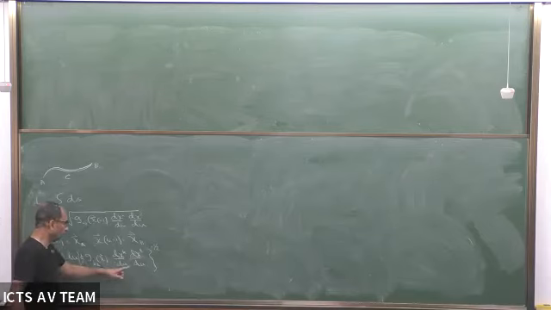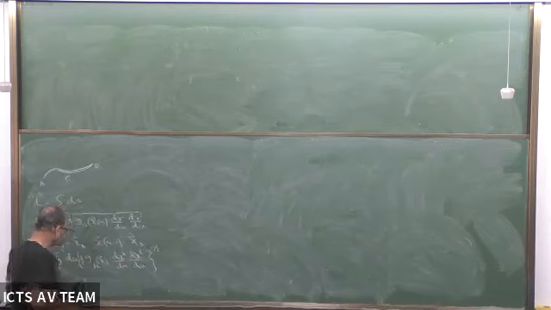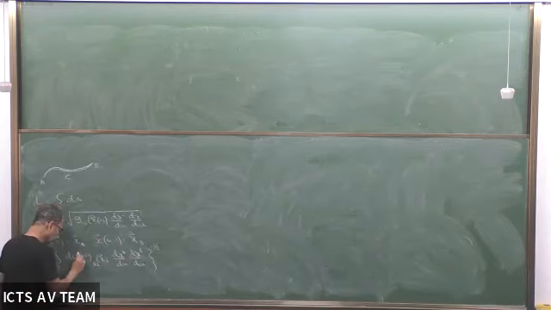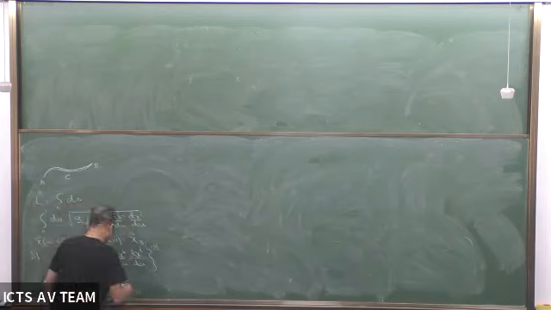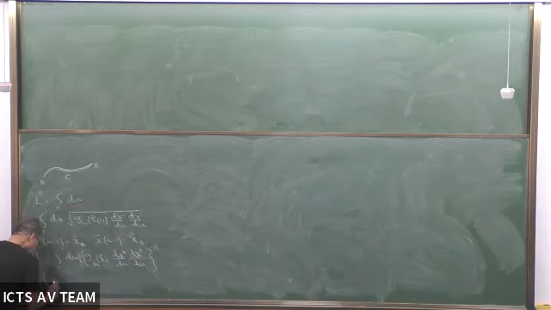Half should be outside. Yes, thank you. And then the variation of whatever is inside the square root. Okay, so let me write this: delta G_ij of x. I'm not writing the argument u, but x of course is a function of u.